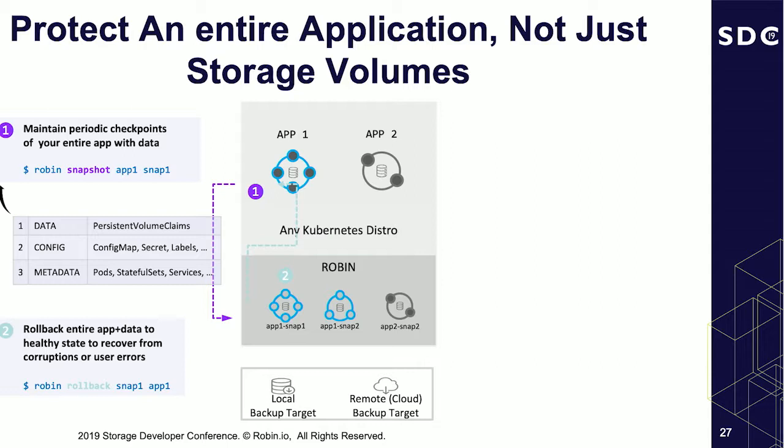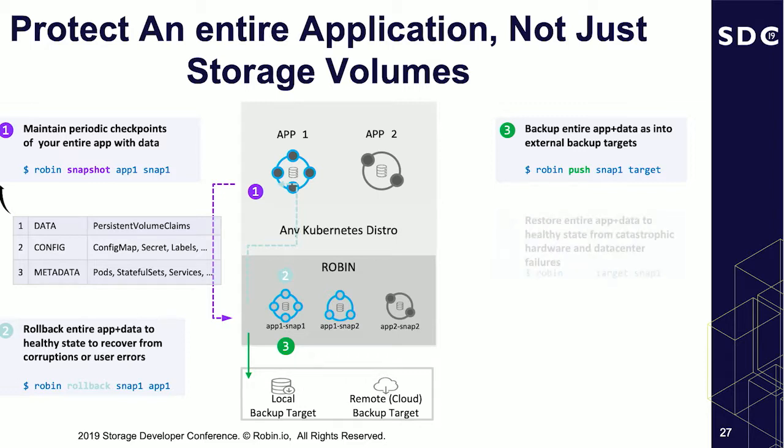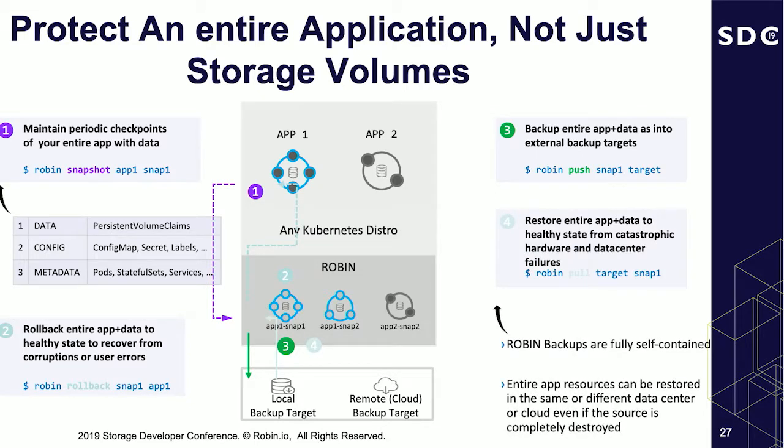And once you have taken the snapshot, we are able to save this entire configuration, all the data, config, and metadata together to either a local backup target or to a remote cloud target. And we do it with one command, so that the complexity of maintaining all these objects is taken away from the user, right? And once all these things are in the cloud, we are able to restore the entire application either to the same cluster or to a different cluster.